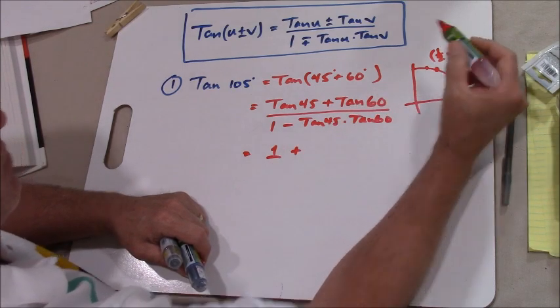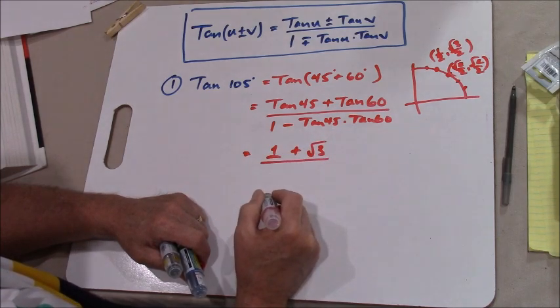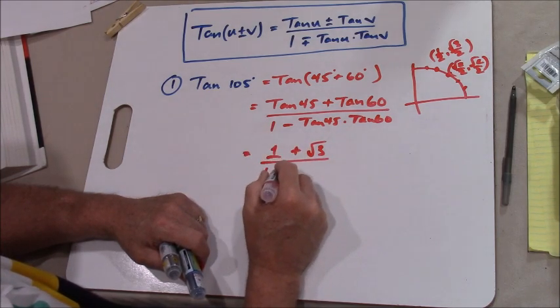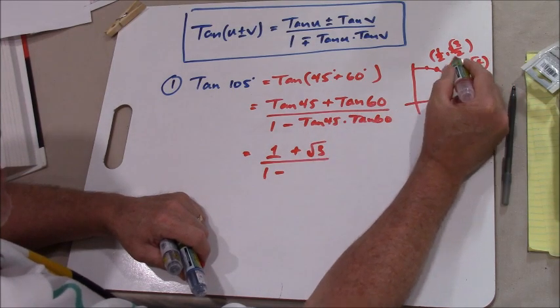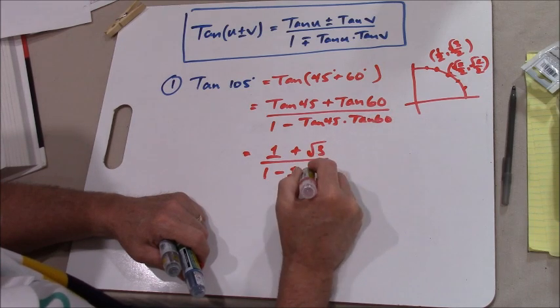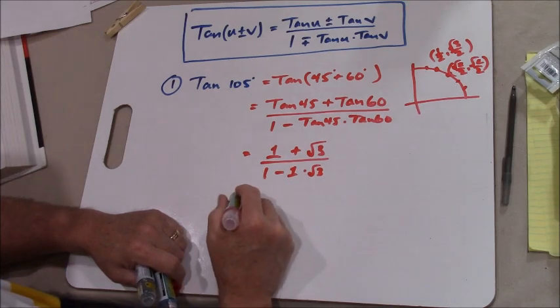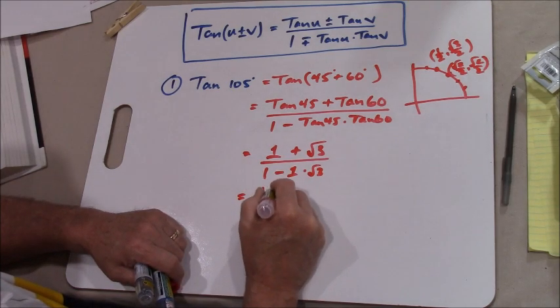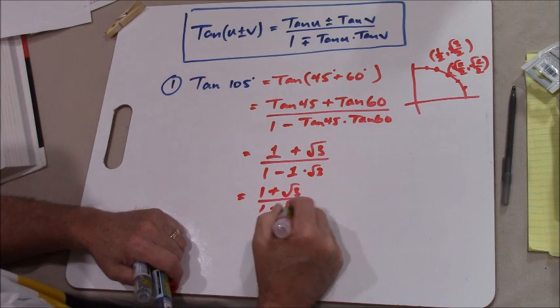That's root 3 over 1, which is just root 3, over 1 minus tangent of 45, root 2 over root 2 is 1, times tangent 60, that's square root of 3. And so what I got here is 1 plus the square root of 3 over 1 minus the square root of 3.